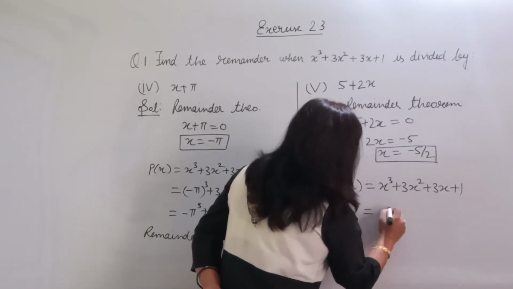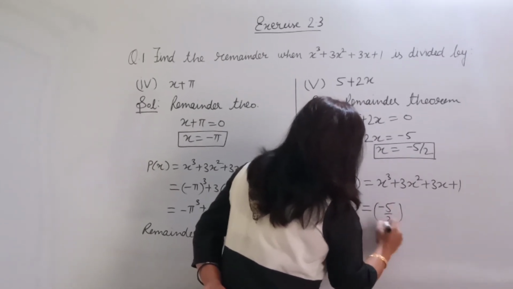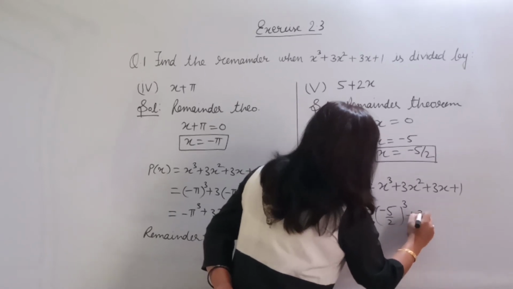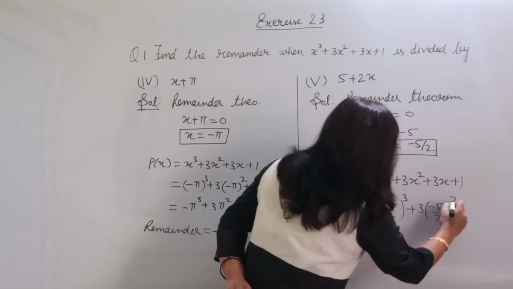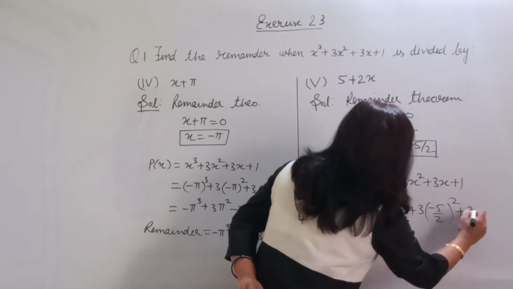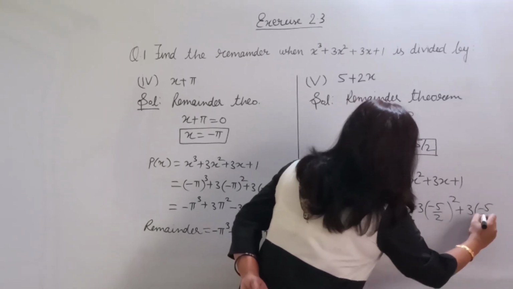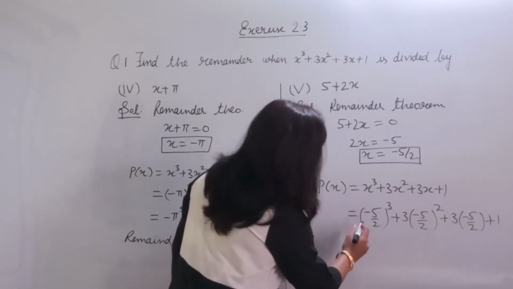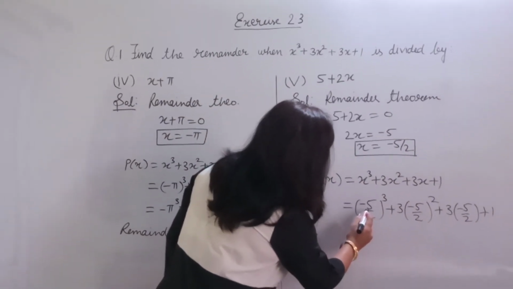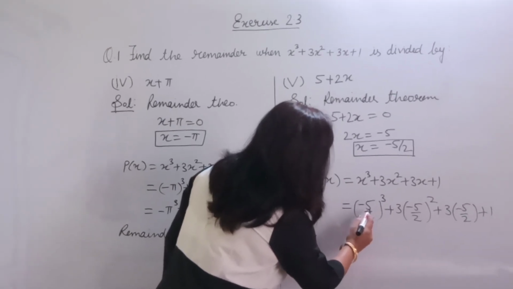So here, minus 5 upon 2 whole cube plus 3 into minus 5 upon 2 whole square plus 3 into minus 5 upon 2 plus 1. Now we will solve it. So here 5 fives are 25, 25 fives are 125.